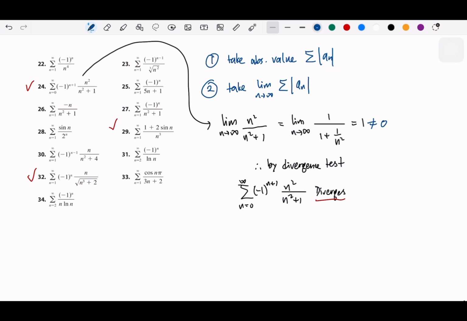So let's say we have the sum of 1 plus 2 sine n over n cubed. Now we have trigonometric expressions. So what should we do for this one?